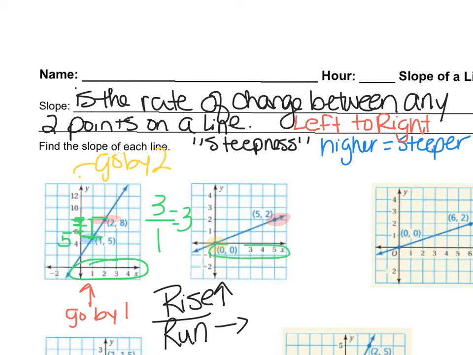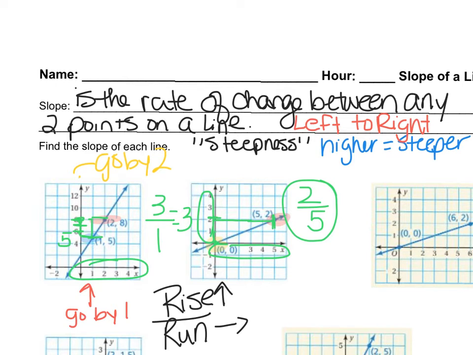I'm going up 1, up 2. So our rise is 2. And then I'm going to run 1, 2, 3, 4, 5. So there is our slope, 2 over 5.